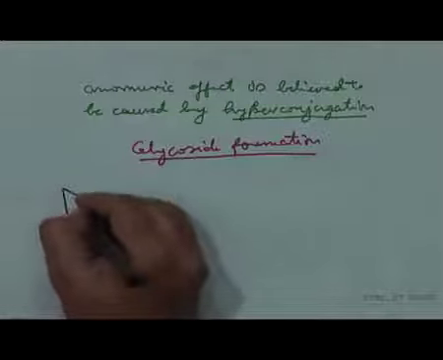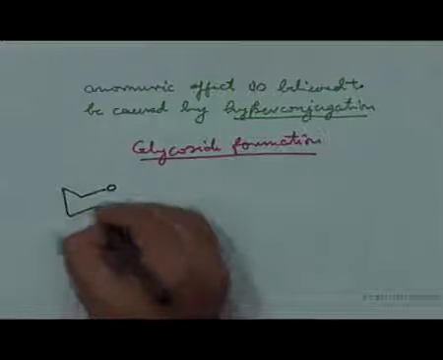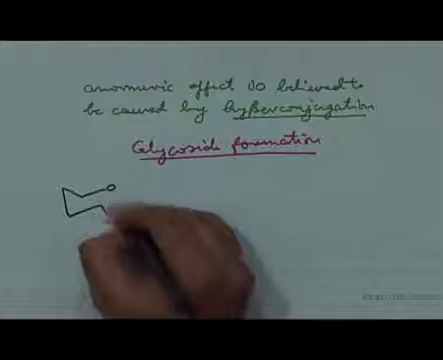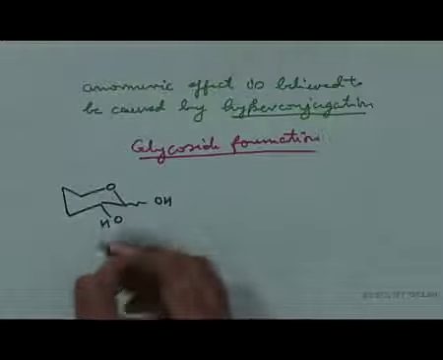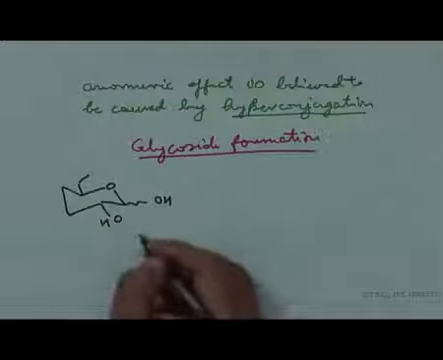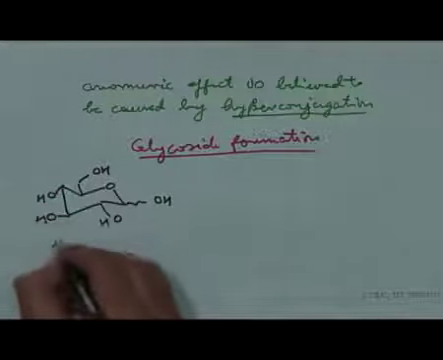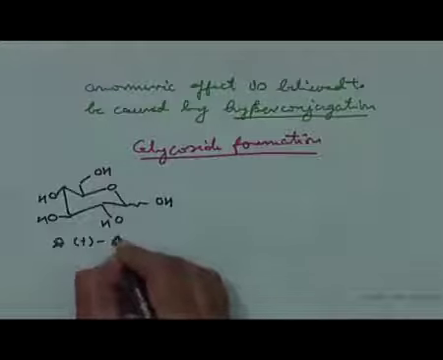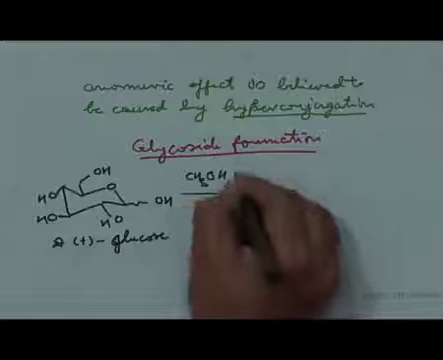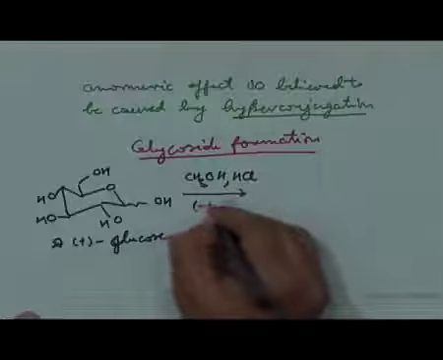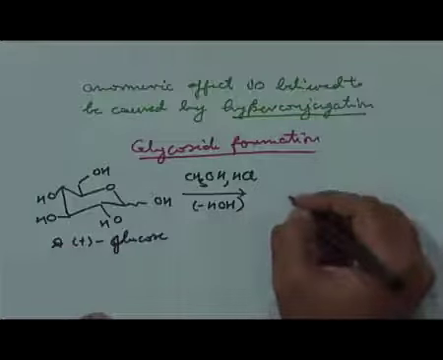If you treat D-glucose with acidic methanol, acidified methanol, so D-glucose, I am not indicating whether it is alpha D-glucose or beta D-glucose, just simply D-glucose, and react it with the acidified methanol, what happens basically is that two glucopyranosides form.